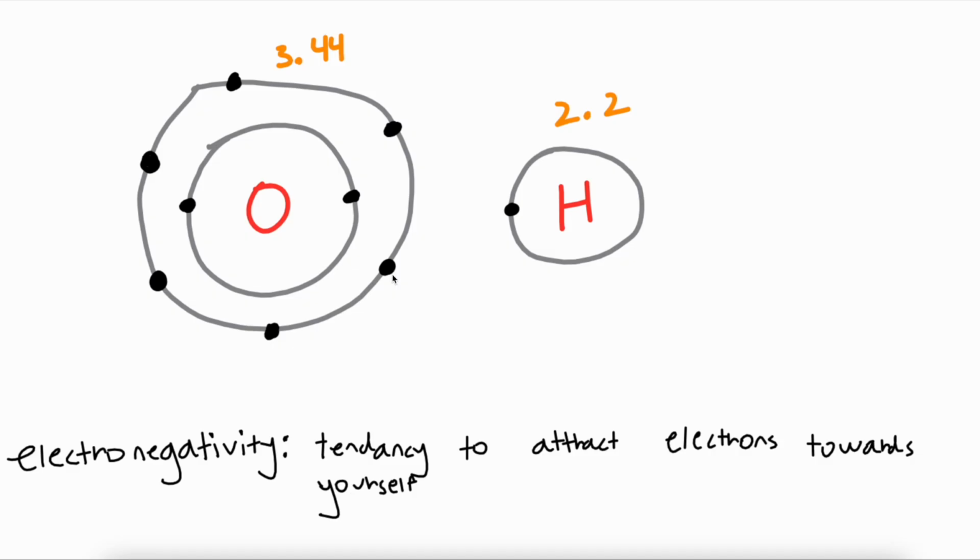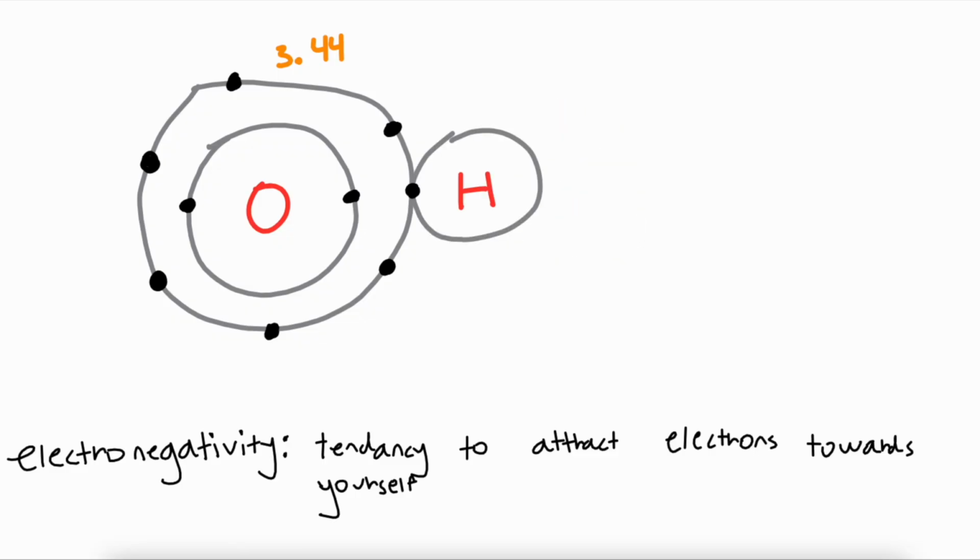Remember that if atoms collide with the correct orientation and sufficient energy, a bond can form. Because the oxygen atom is more electronegative than the hydrogen, it will pull this hydrogen's electron towards itself. So let's now imagine that this oxygen and this hydrogen atom will collide with sufficient energy and orientation. This is how the oxygen and the hydrogen atom would now appear.